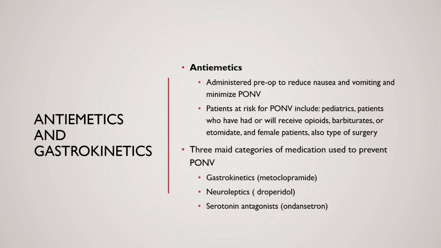And female patients. Also, types of surgery can have an effect on the nausea and vomiting. If we're working around in the stomach and the abdominal cavity for an extended amount of time, obviously there may be some PONV involved with that. The 3 main categories of medication used to prevent PONV are gastrokinetics, neuroleptics, and serotonin antagonists.